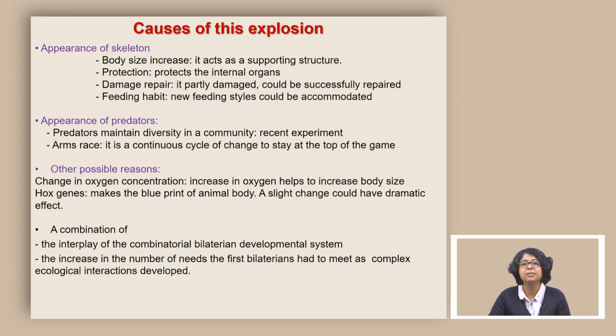And once it starts, it continues as a cycle of change through the presence of the predator, which is often called an arms race. Other possible reasons do not explain why the explosion happened during this time, but they explain how you can develop so many body types in a very short time span.